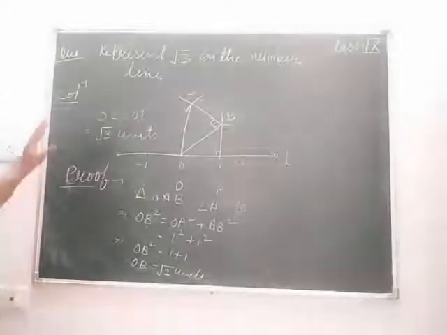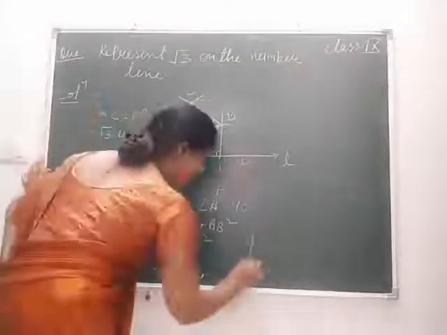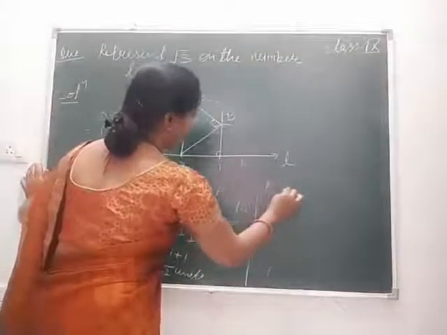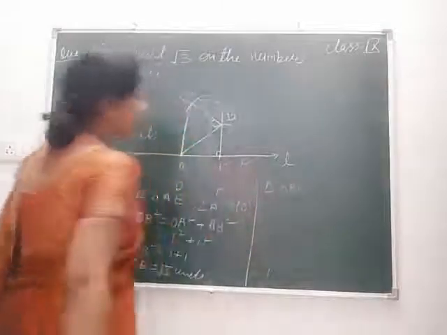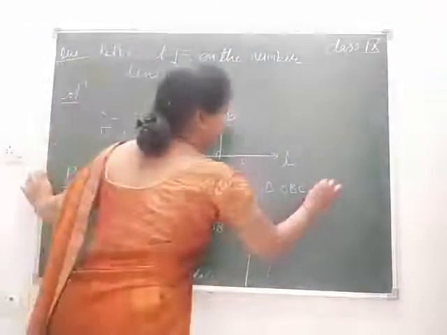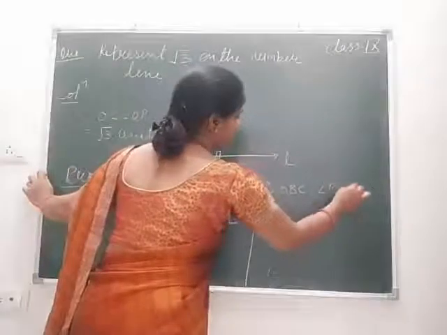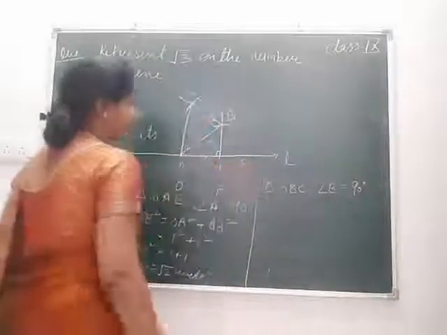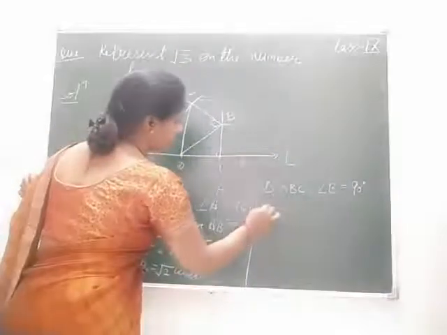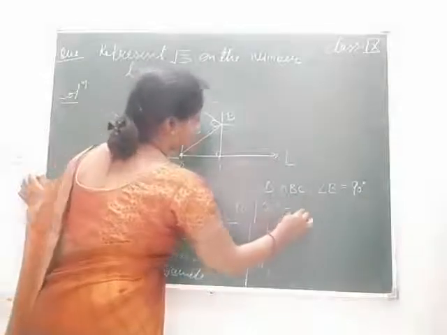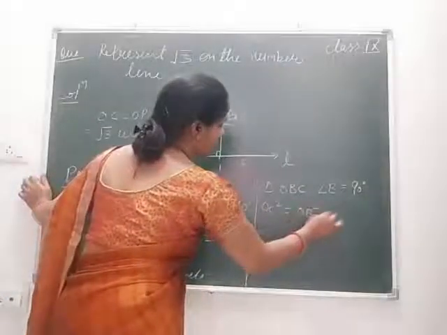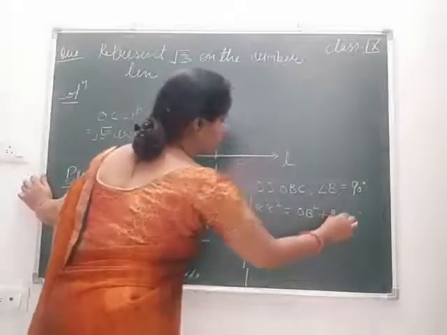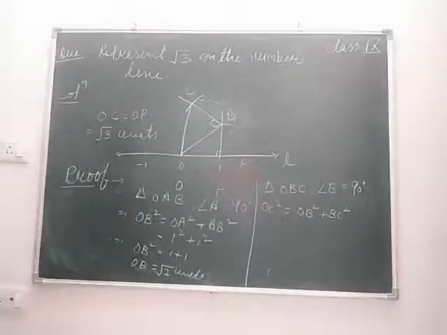Okay. And now again triangle OBC is a right angle triangle at angle B equals to 90 degree. Means OC square equals to OB square plus BC square by Pythagoras theorem.